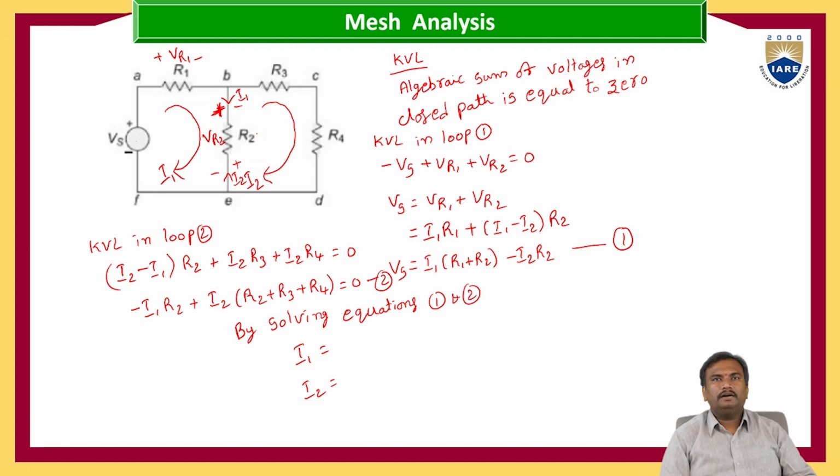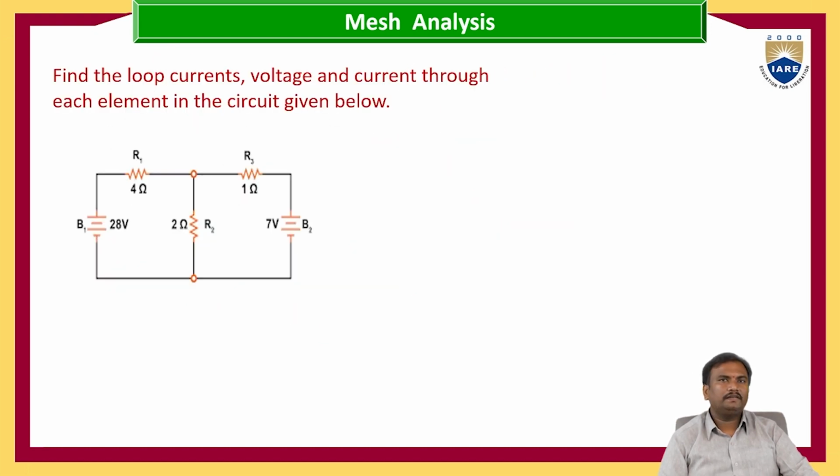Now we'll go with the values. By giving the values for the resistors, let us see how we are going to solve the equations. Here, this is the circuit which we are choosing in order to calculate the currents flowing through the loops. Immediately once the problem is given, we have to check what are the things we need to calculate.